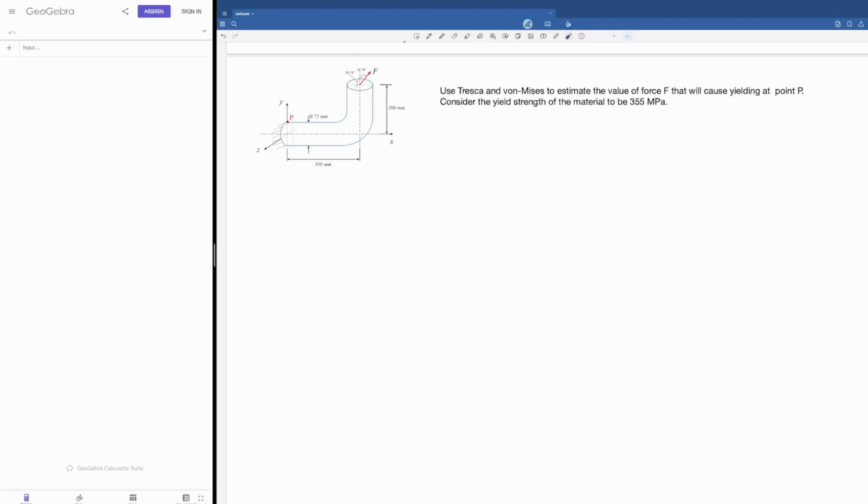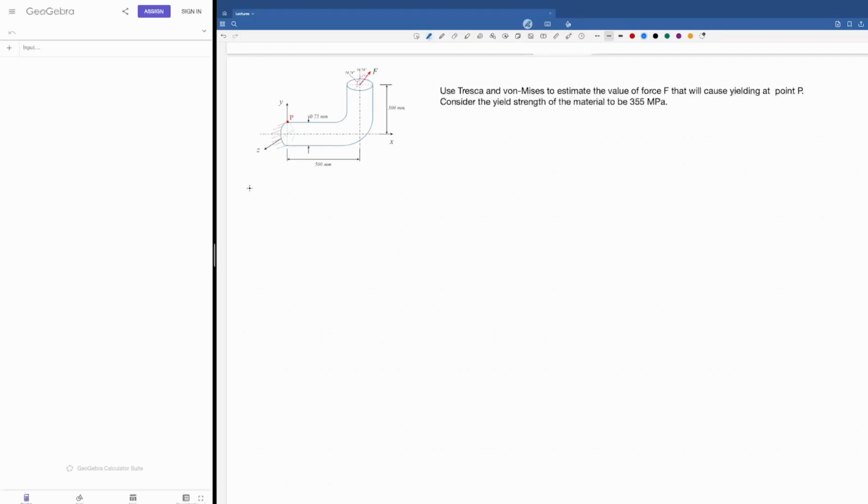To do that, I believe that we can start doing some formulations here. First, I need to know the value of this angle so I can know what are the components of the force in each one of the axes of the reference system I'm using. And then after that, we start with the equilibrium conditions at point P, or in the section that crosses point P. So let's start with this.